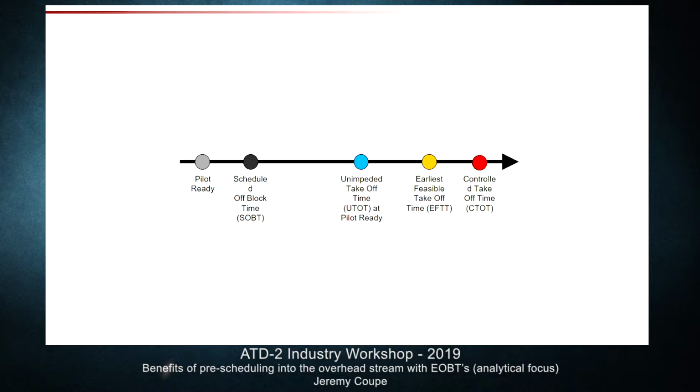But there are other aircraft on the surface. There is congestion on the surface. So we generate a prediction that we call the earliest feasible takeoff time, and that prediction essentially accounts for this congestion on the surface. If there are 7 flights in front of me that need to take off, then my earliest feasible takeoff time should reflect the fact that I'm going to be in a 7-aircraft queue, and so on.